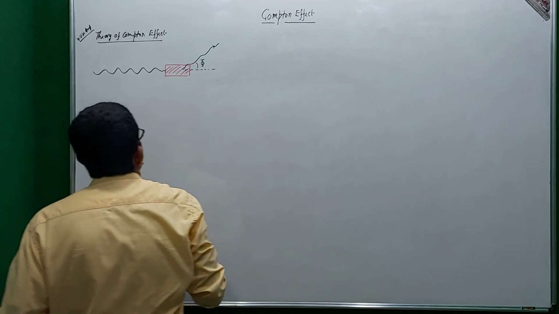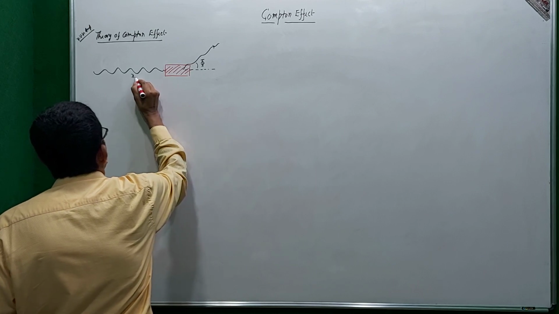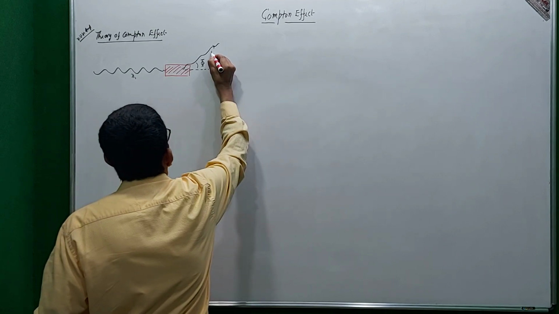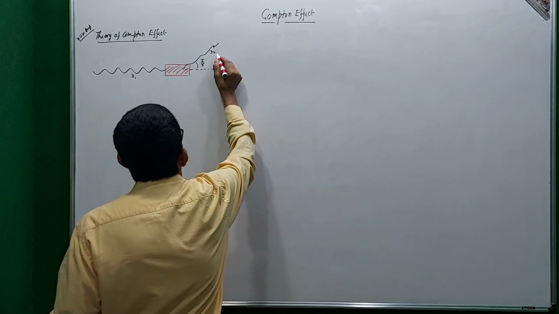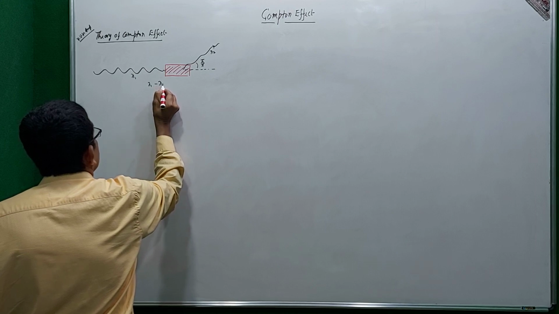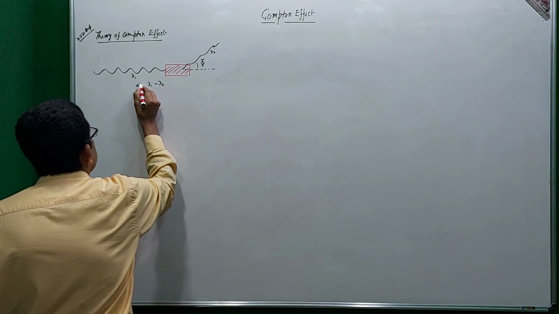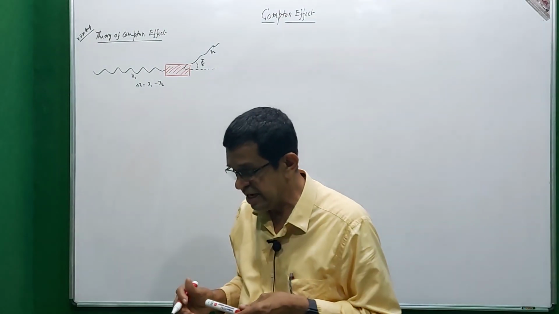Phi is the scattering angle. It is assumed lambda 1 is the incident wavelength and lambda 2 is the scattered wavelength, and therefore lambda 2 is greater than lambda 1. This small change in the wavelength due to the scattering we can write as delta lambda.